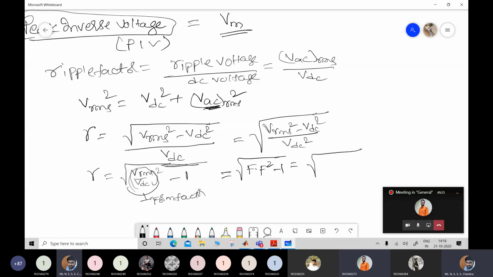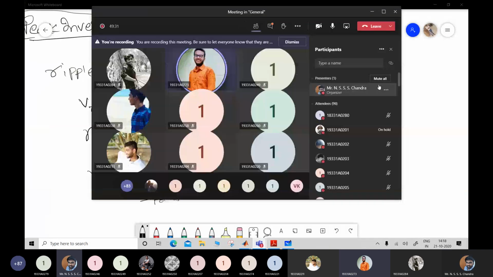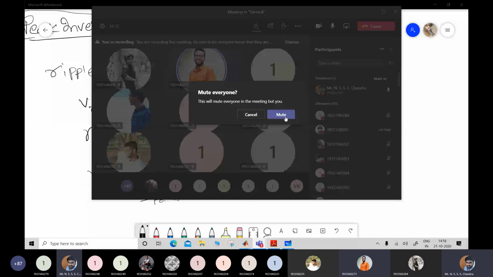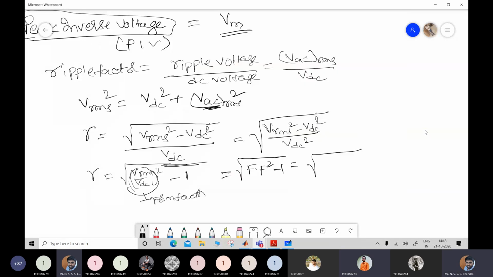For a half-wave rectifier output, the form factor is pi by 2, which is 1.57. So rho is the square root of 1.57 squared minus 1. You have to calculate this value.